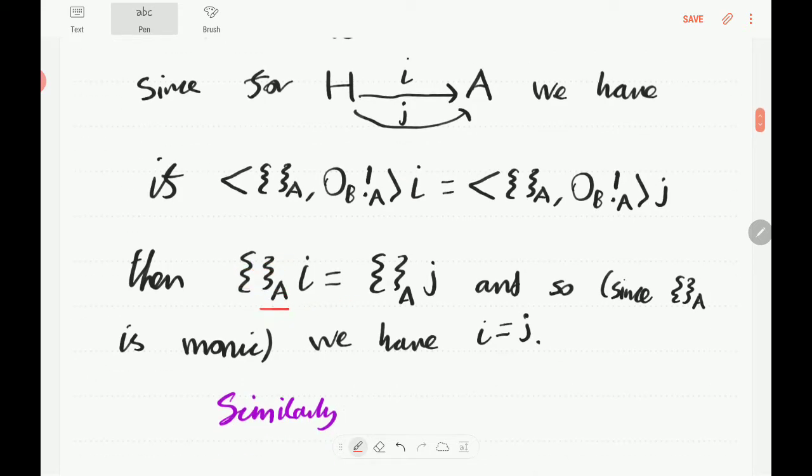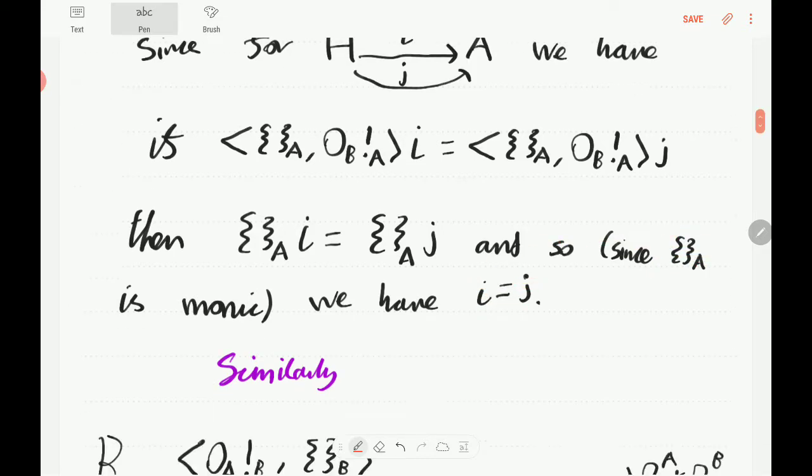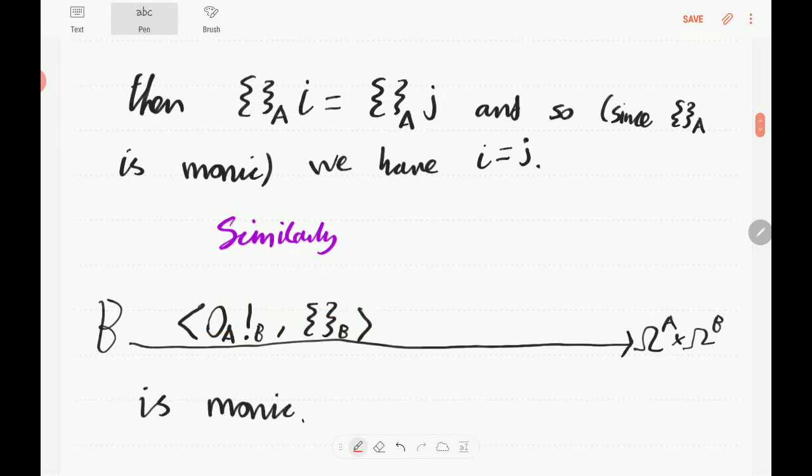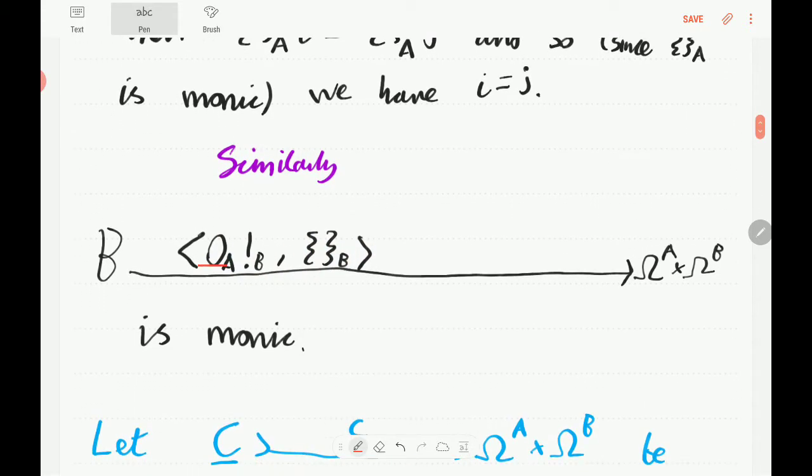And so we have curly brackets I equals curly brackets J, but since curly brackets is monic, that means I equals J. And similarly, of course, this other arrow is monic, the one that goes from B to omega to the power of A times omega to the power of B, which has this pair of components, 0 subscript A exclamation mark B comma curly brackets.